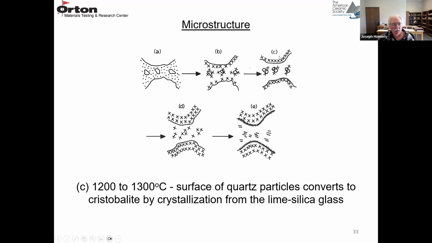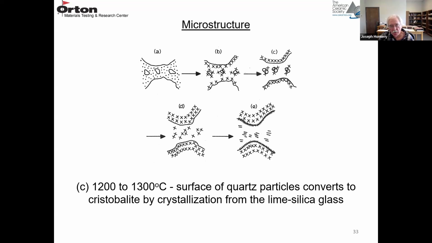And when we get up to 1200 to 1300 degrees C, now the surfaces of the quartz particles, the coarser ones and the medium-sized ones, they're converting to cristobalite, and they're crystallizing from the glass, and then the matrix is cristobalite.